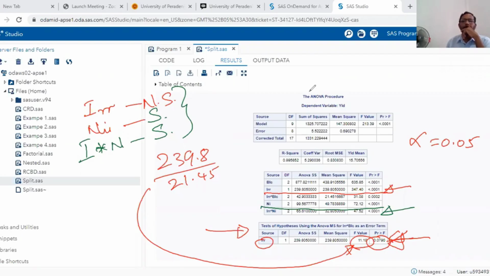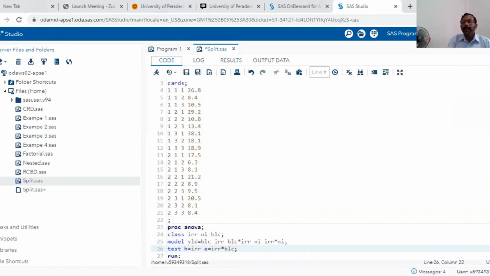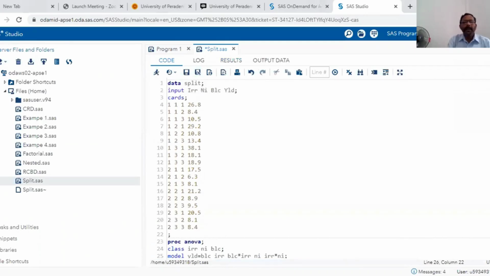Okay. Right. So that's all I would like to give you using SAS. Maybe I will give you one more command. Let's say I have, for example, this is yield.